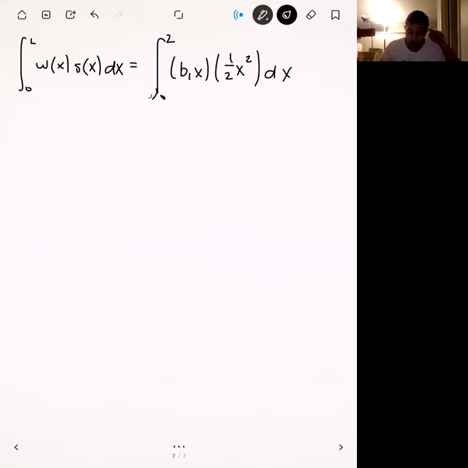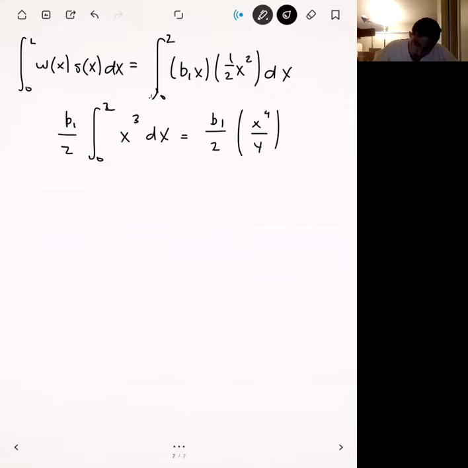Let's factor out the constants again. So we have b1 divided by 2 times the integral from 0 to 2 of x cubed dx. This is a simple integral, so we can just integrate it. We get b1 divided by 2 times x to the 4th divided by 4, evaluated from 0 to 2.